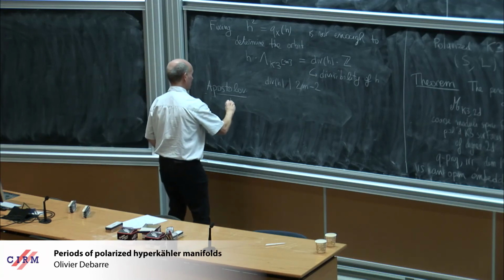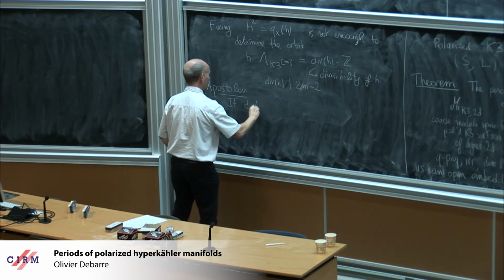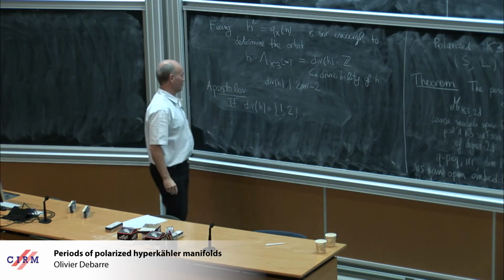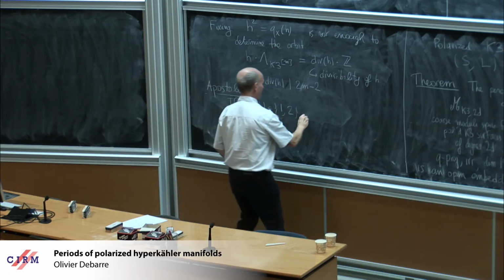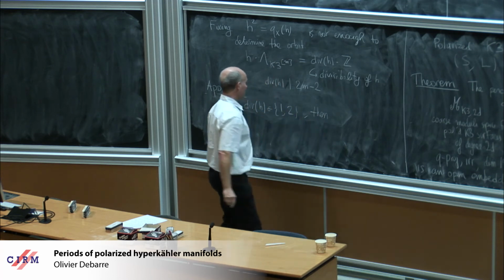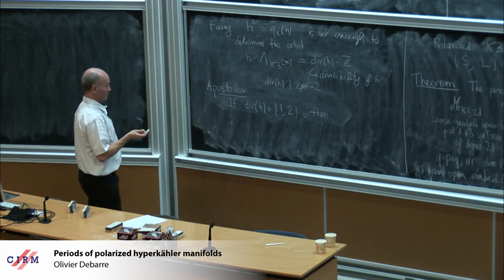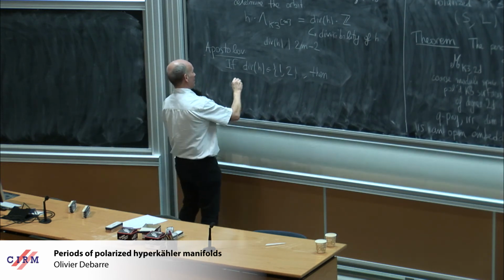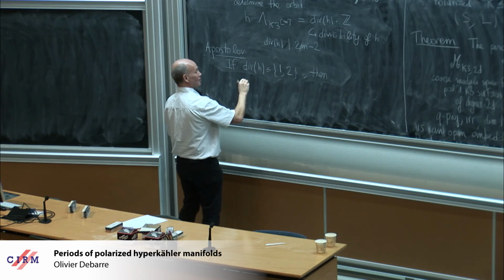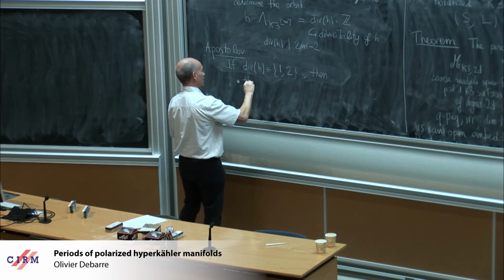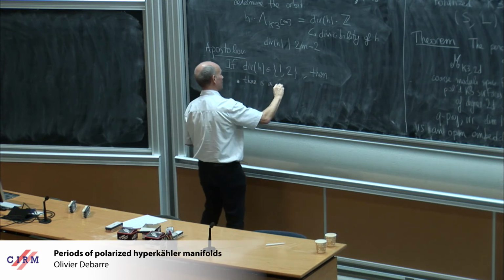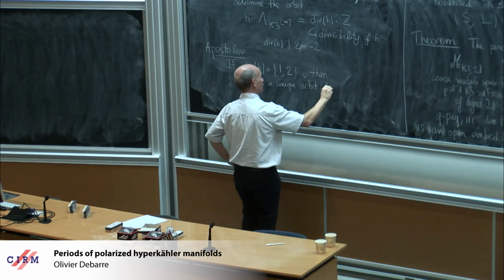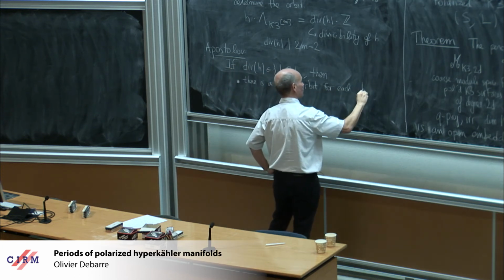So if the divisibility is either 1 or 2, then there's a unique orbit for each value of the square.